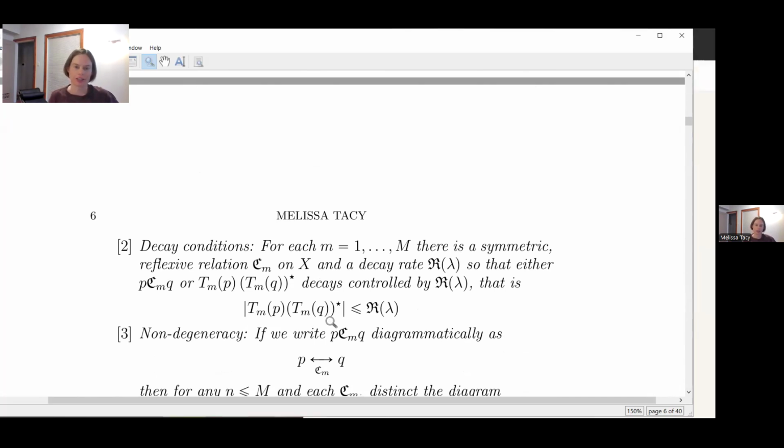The way you should understand this is, if I have this estimate, TmP, TmQ star bounded by R of lambda, that's saying that this decays and that I cannot simultaneously saturate at P and Q. This is my condition where those two points cannot constructively interfere with each other. On the other hand, I could simultaneously saturate at them, and that's encoded in the condition. This condition should be a symmetric relationship between P and Q, and reflexive, because you will always be able to simultaneously saturate one point with itself.